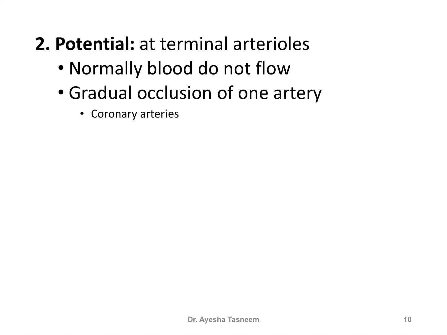Now we come to the second type of arterial anastomosis, the potential anastomosis. It occurs at the level of terminal arterioles. Normally blood does not flow through them. They dilate and blood flows through them in gradual occlusion of one artery. If the occlusion is sudden, this anastomosis does not work.